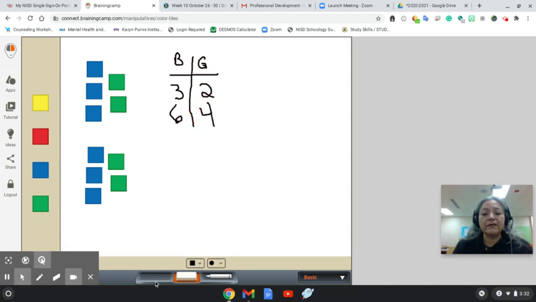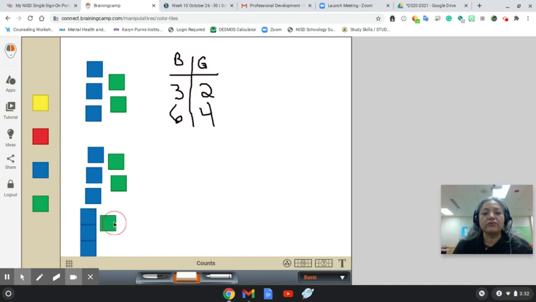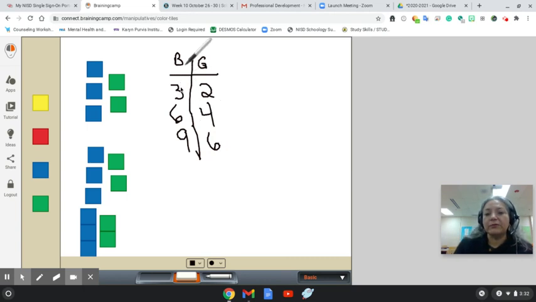Now we could continue doing that and adding 3 more blue and then 2 green. So now you're going to have 9 blue squares compared to 6 green. So if you notice, basically all we're doing, the blues were skip counting by 3 and the greens were skip counting by 2.